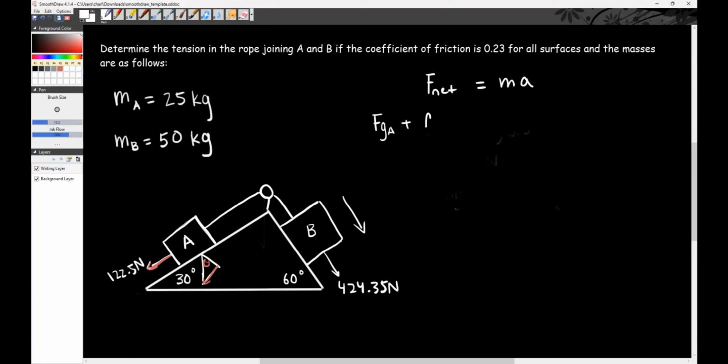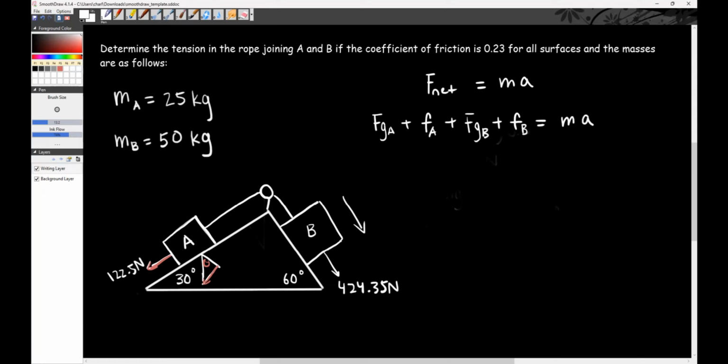So that means there is friction. On block A, we're going to ignore the tension force and add the force of gravity on block B. And block B also has a force of friction, which is all equal to ma.